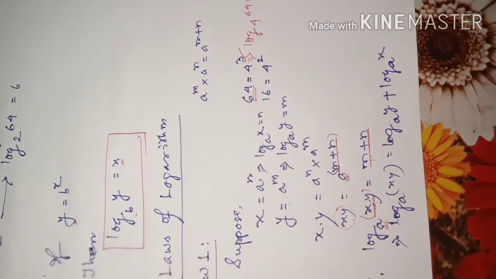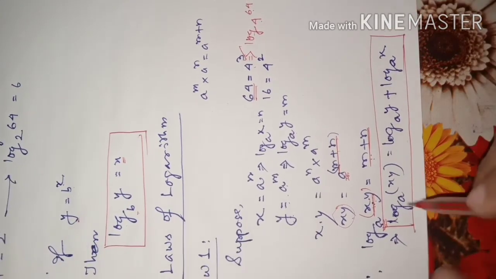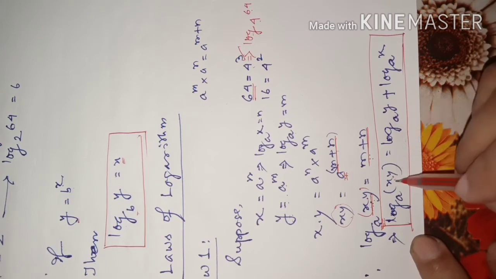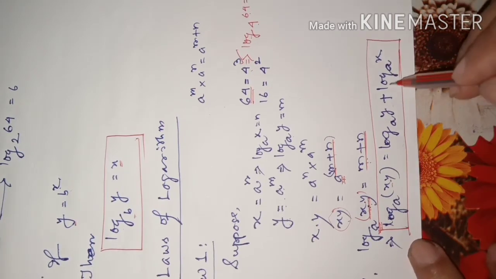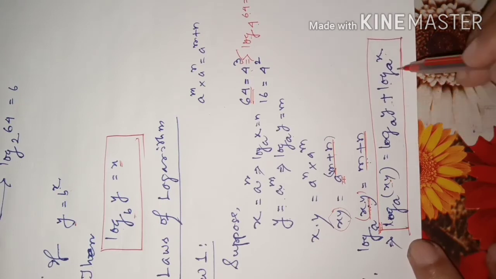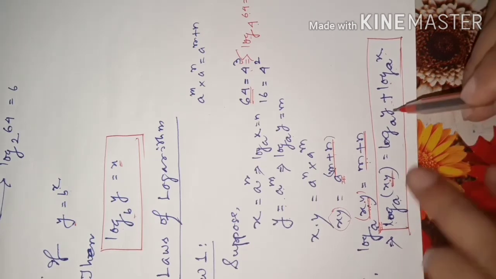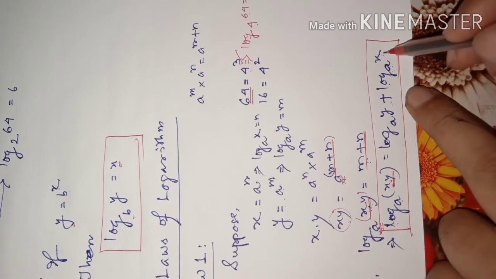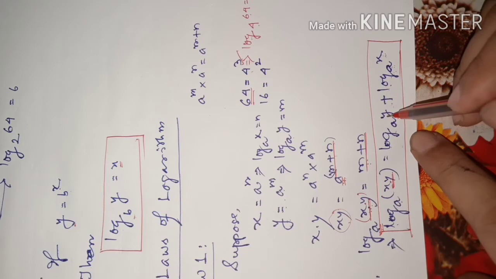So what you have understood here is that the logarithmic value of x into y is the sum of the logarithmic values of x and y separately. Means log of x plus log of y, in both cases the base is a only. So log to the base a of xy is the same as log to the base a of x plus log to the base a of y. Is it understood, students?